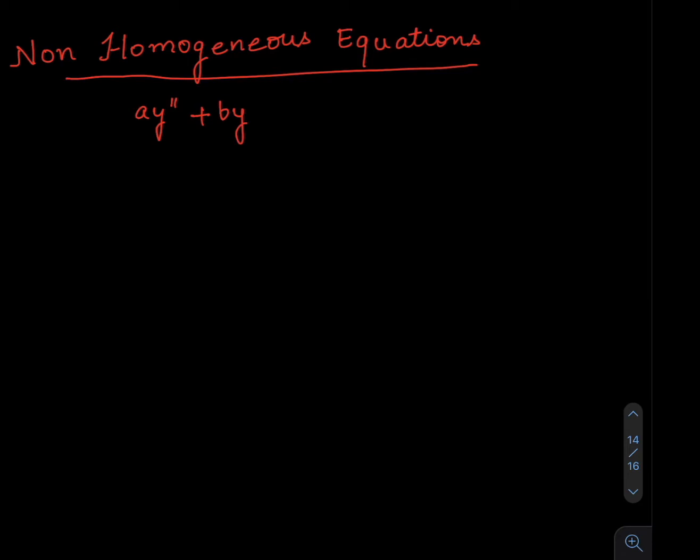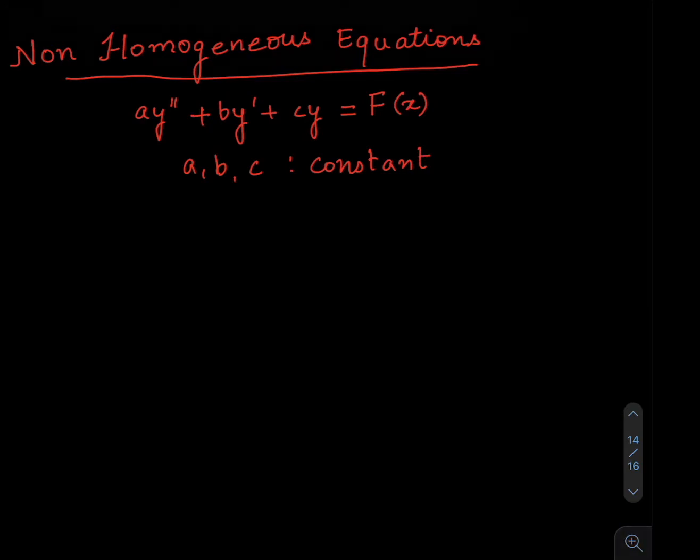So the general form for a non-homogeneous equation is ay'' + by' + cy = f(x). So this time our f(x) is non-zero, and a, b, c we are considering as constants because we are talking about equations of constant coefficient.